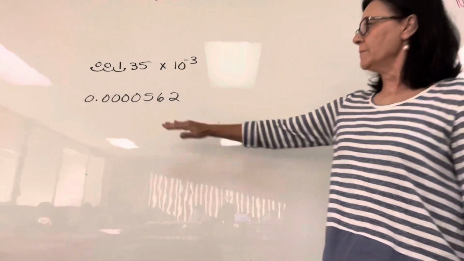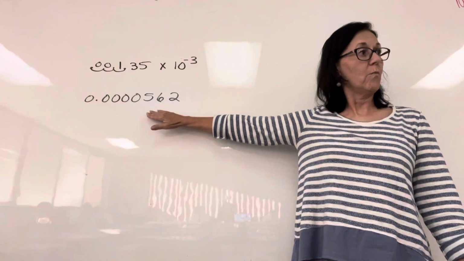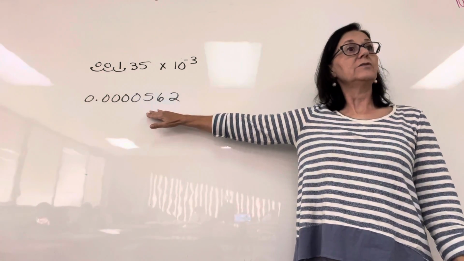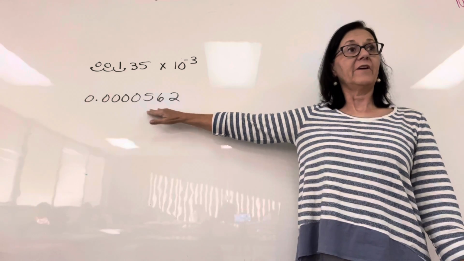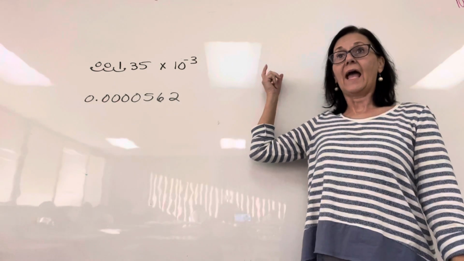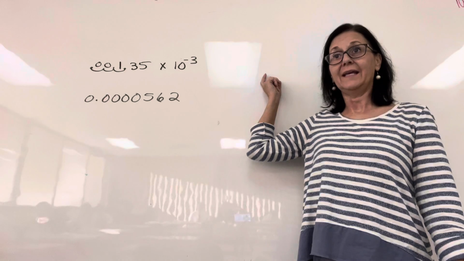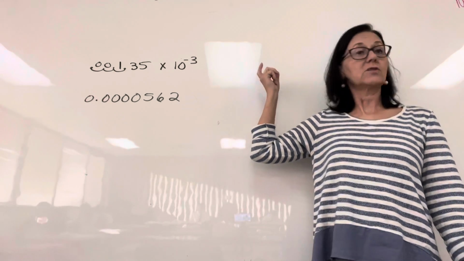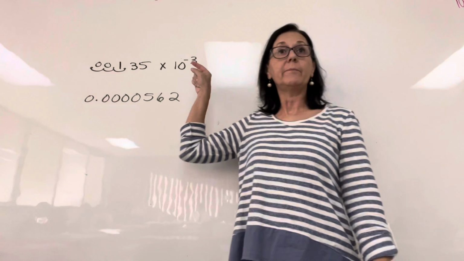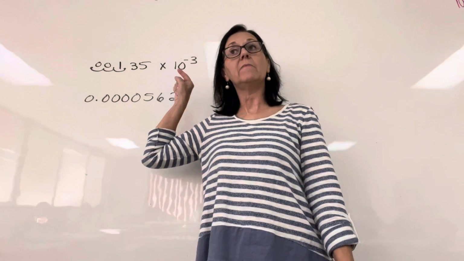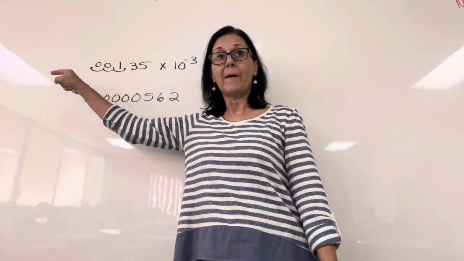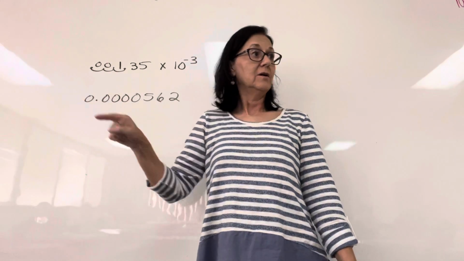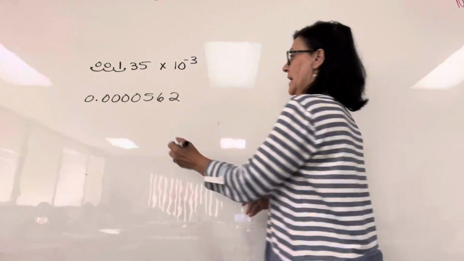So if I'm given this decimal and want to go to scientific, when it is a very small number, my exponent for 10 is going to be negative. Because what it tells me is what direction I move the decimal place back to write the original decimal.